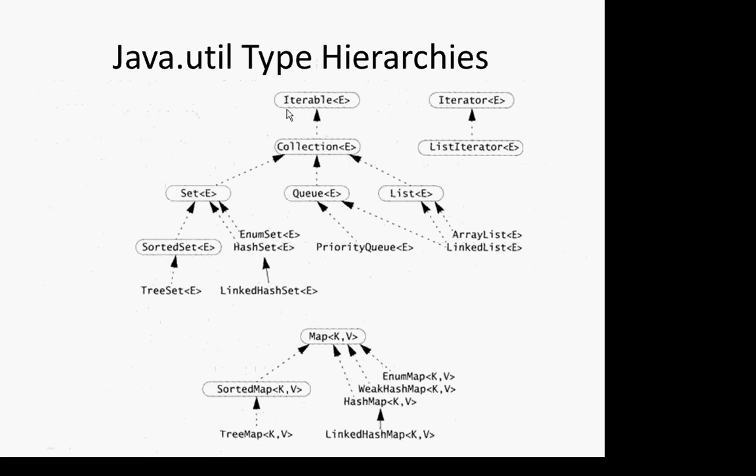Maybe it's a tree set, or a linked hash set, or a priority queue, or an array list. I could reuse that same code calling this method with all these different things. As long as they're all iterables, it's all fine. That same code can be reused for many particular classes, as long as they implement the requisite interface.